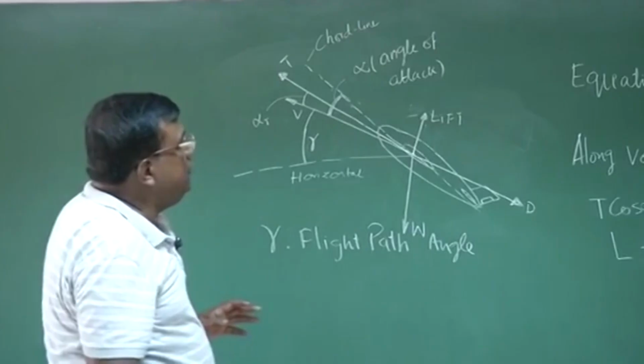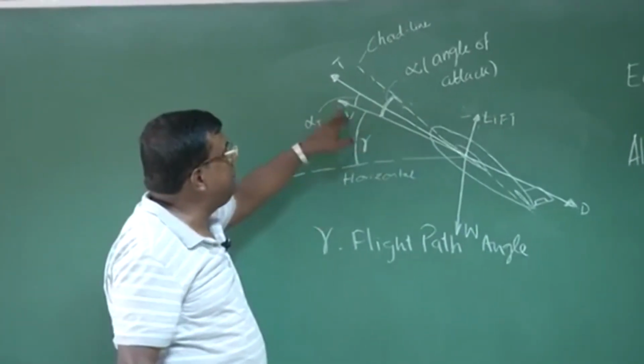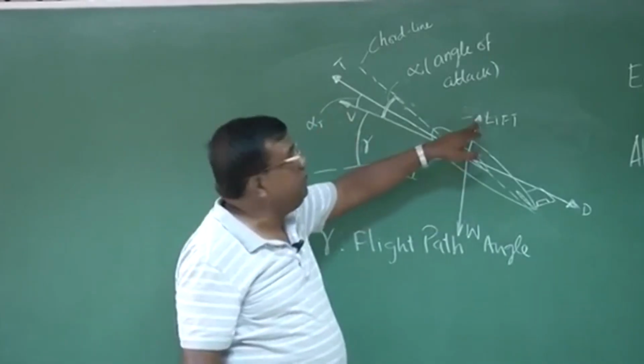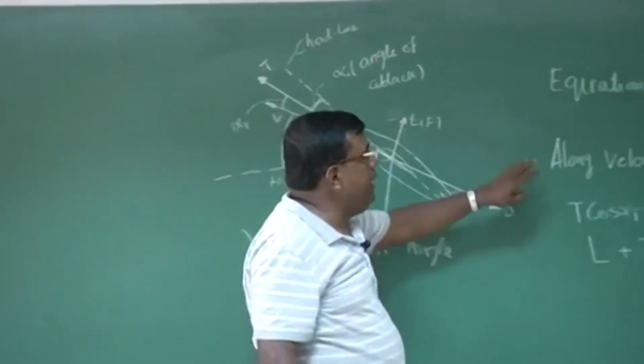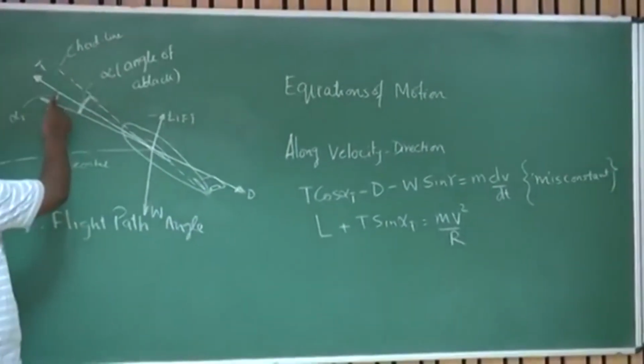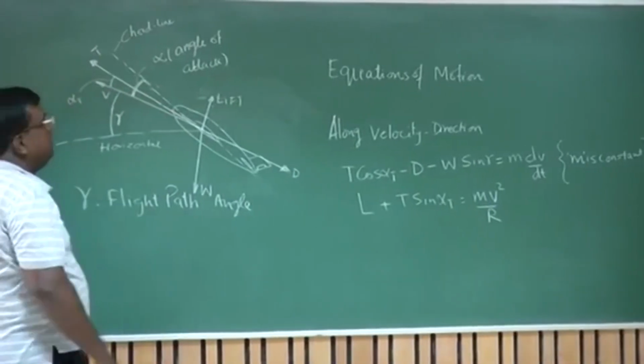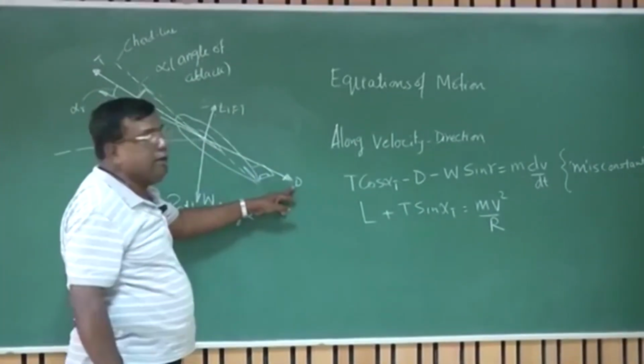Now I will write the equation of motion along the velocity direction, along the V direction, and one perpendicular to the V direction. So what happens if I write along the velocity direction? I could see the thrust cos alpha t is a component here, which will try to accelerate this machine, whereas the drag will try to decelerate.